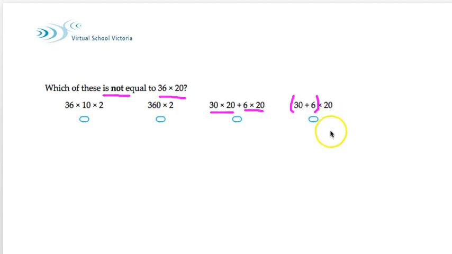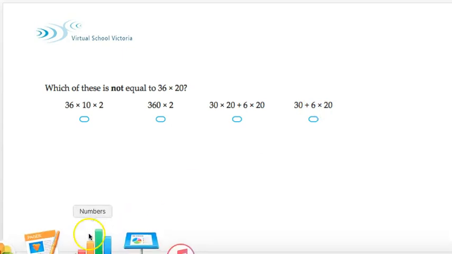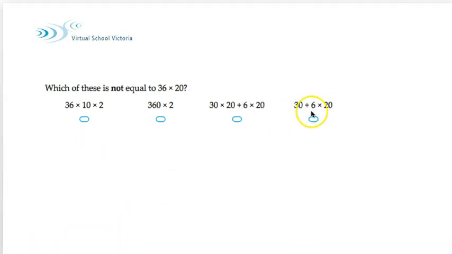There's a rule in mathematics that you do brackets and multiplication first. So in the absence of brackets, we have to do 6 times 20, and when we add 30, we wouldn't get 720. So I would say that this is the one that is not correct.